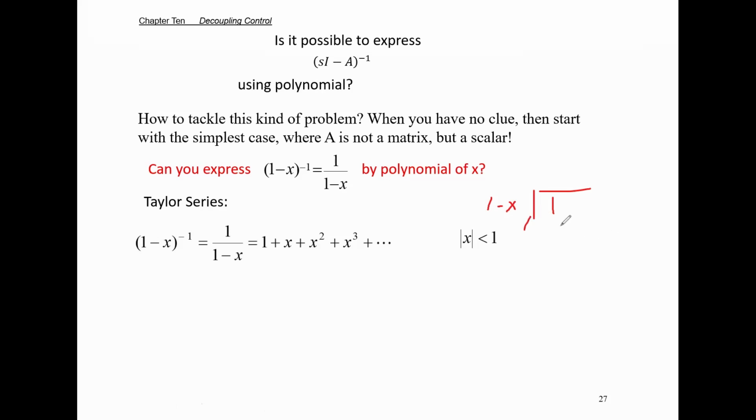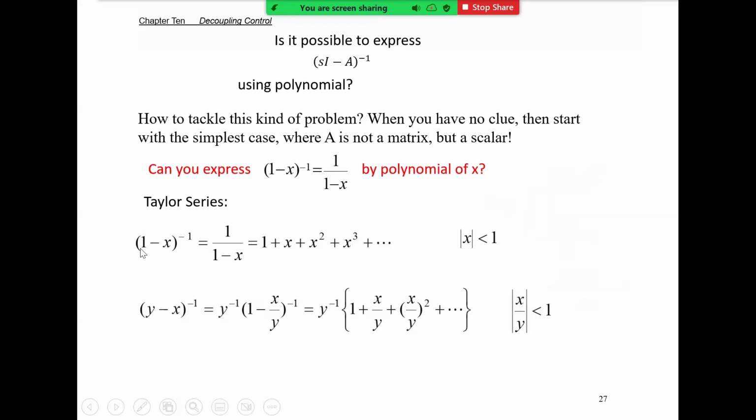The first term is 1, the second term is X, and then the third term is X squared. You don't even need Taylor series, you can use long division. So you can see it is possible.